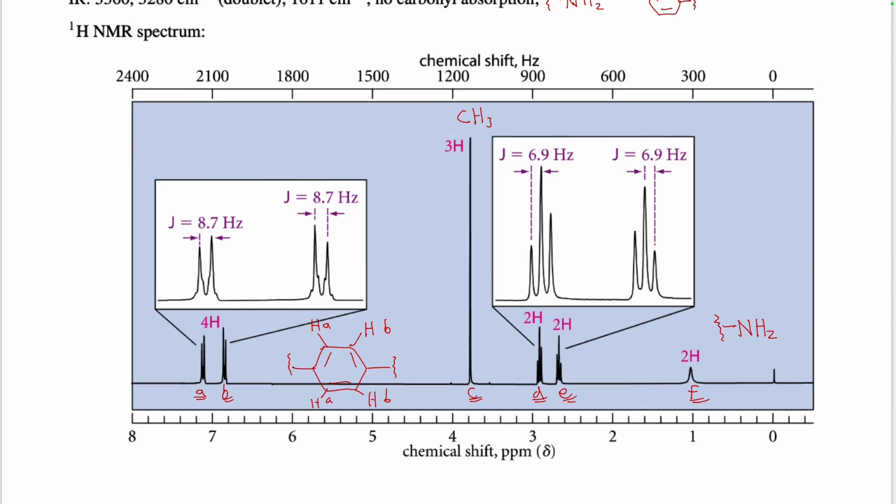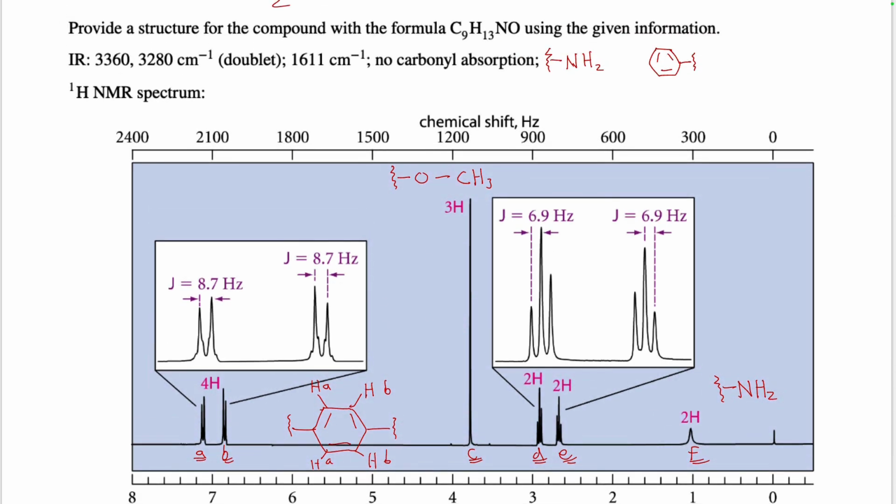If it was just attached to an aromatic ring, it'd be like 2.1 to 2.5. But if it were attached to an oxygen, that would make it appear where it does, in the high 3 area. And if you look at the molecular formula here, we do have an oxygen that's listed. So this is probably that oxygen in the formula, and it's attached to OCH3.